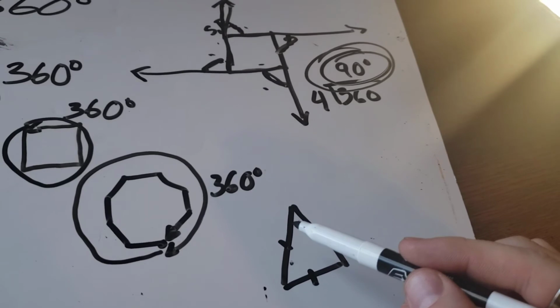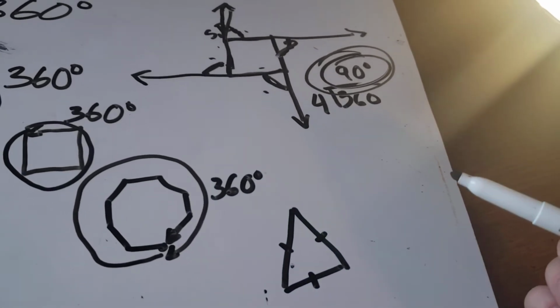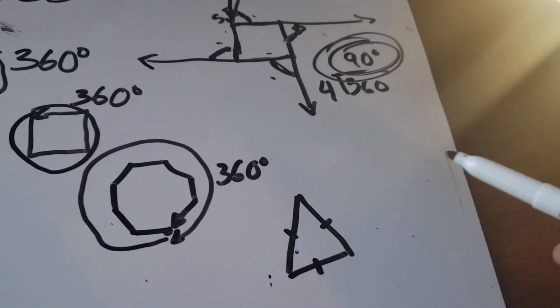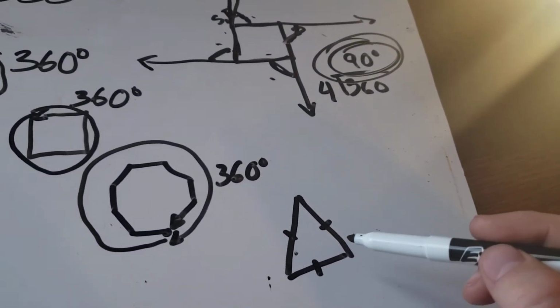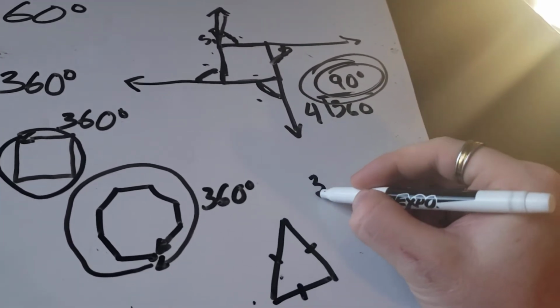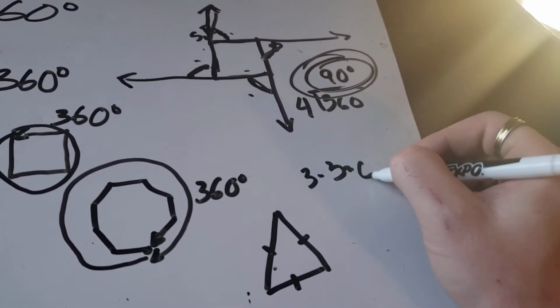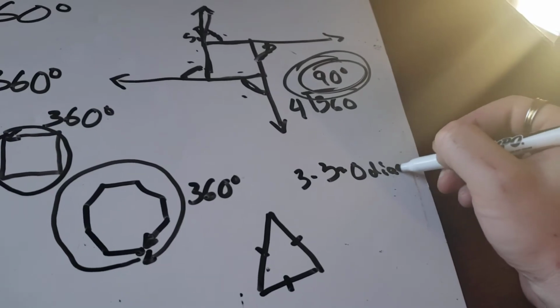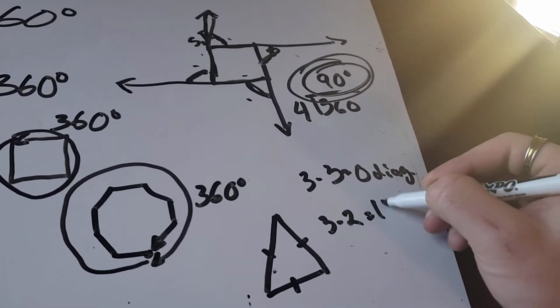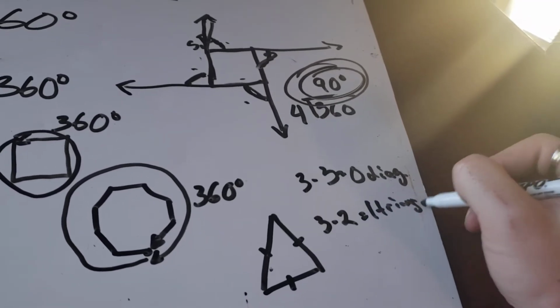Therefore, how many triangles do I have? 1. Remember, diagonals is the number of sides minus 3. Triangles is the number of sides minus 2. So 3 minus 3 gives me 0 diagonals. 3 minus 2 gives me 1 triangle.